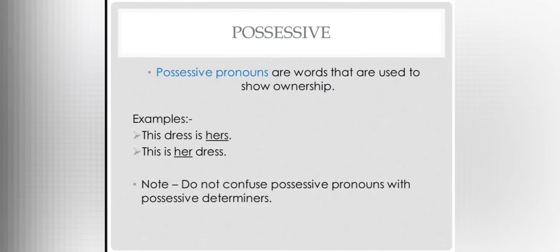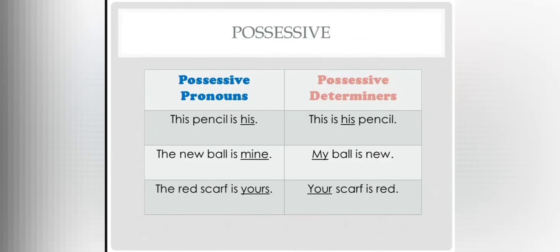Now, both the examples may seem the same to you, but there is a huge difference. You can refer to the table in the next slide to understand the difference. There are two columns in this table, possessive pronoun and possessive determiner. Before moving to examples, please remember that there is always a noun after a possessive determiner.